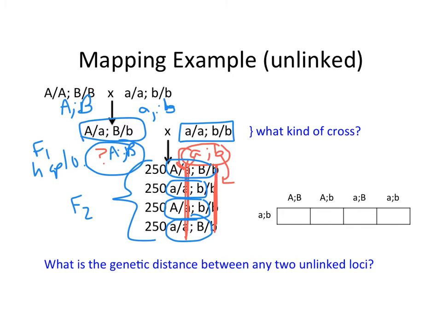So how many recombinants? Is this first haplotype, big A with big B, parental or recombinant? Parental. Why is it parental? It's one of the haplotypes that were given out by the P0. Right. So the P0 generation, there were big A's and big B's in the gametes, so that's parental. Where's the other parental haplotype?